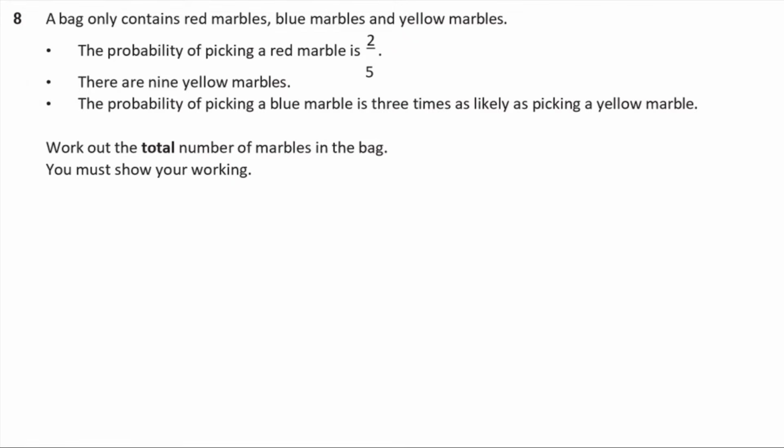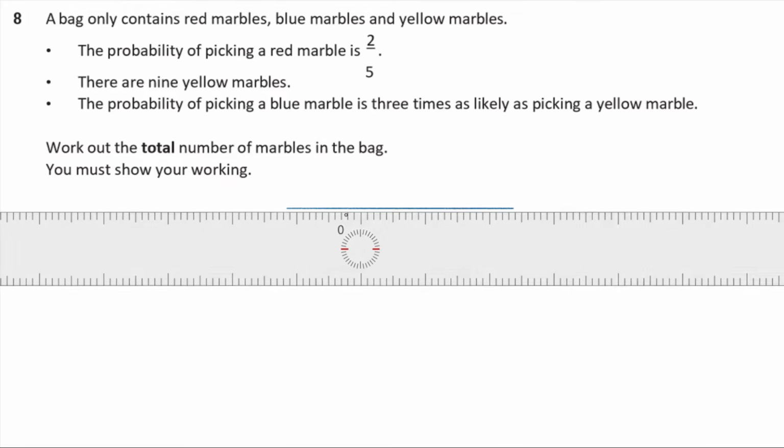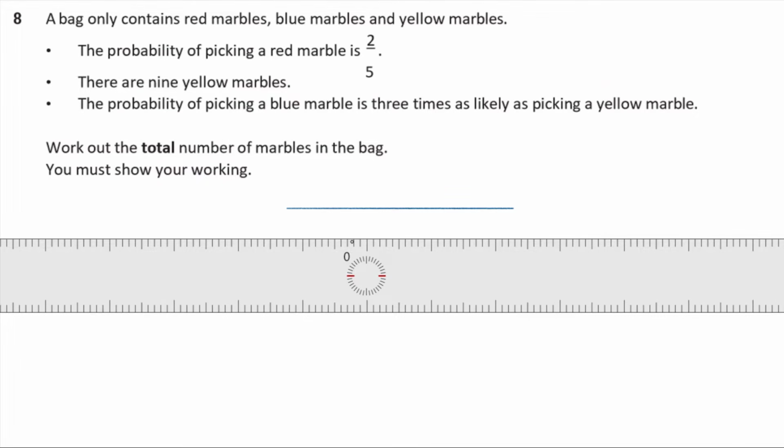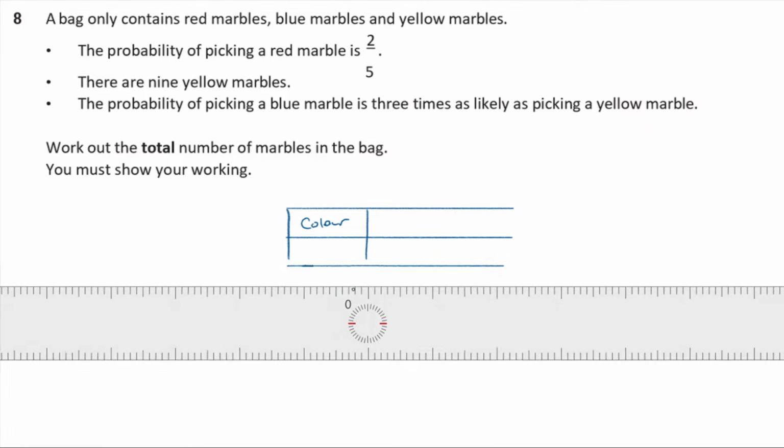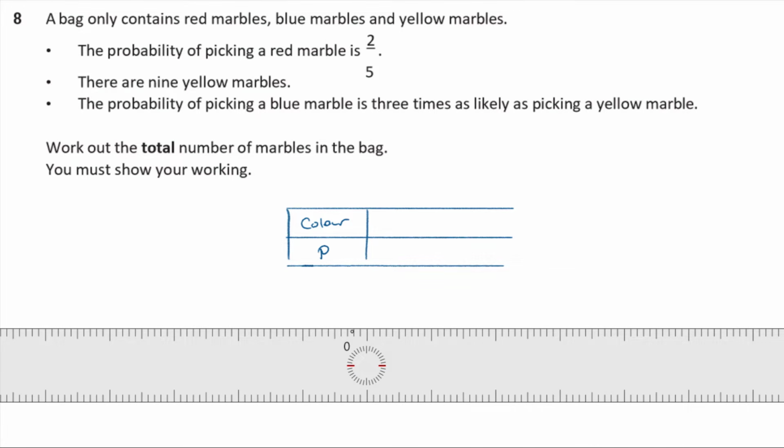Okay, so if we did that in a table, I'm just going to make a quick table with colour and the probabilities that we know. So colour, probability. So we've got red and we've got yellow.